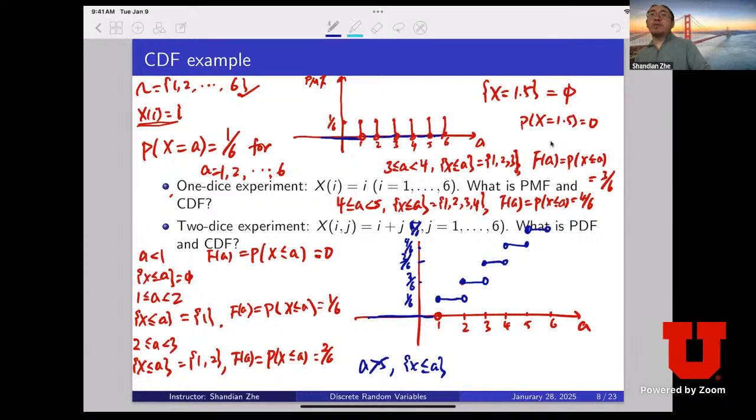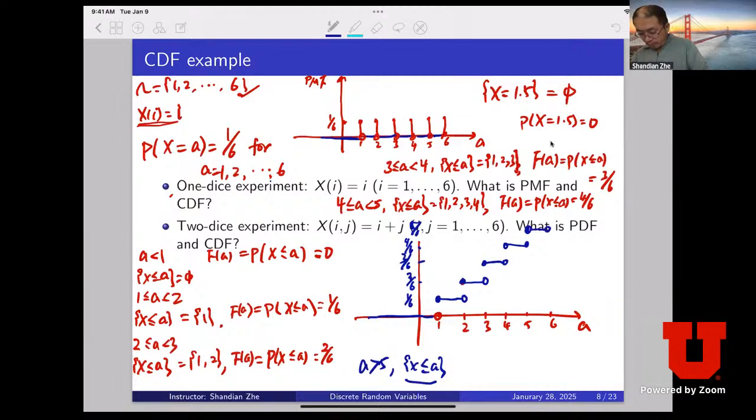And when A is bigger than 5, what does this event represent? What if A is bigger than 5? What does the event X less than or equal to A represent?